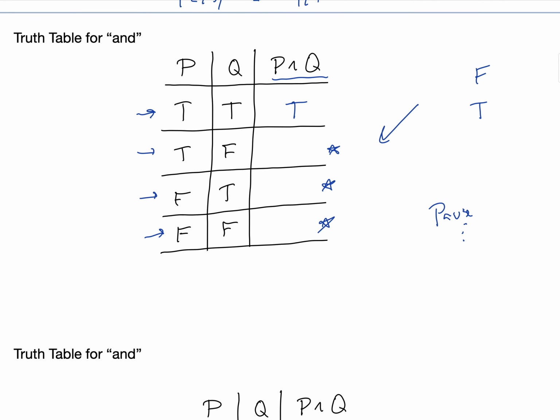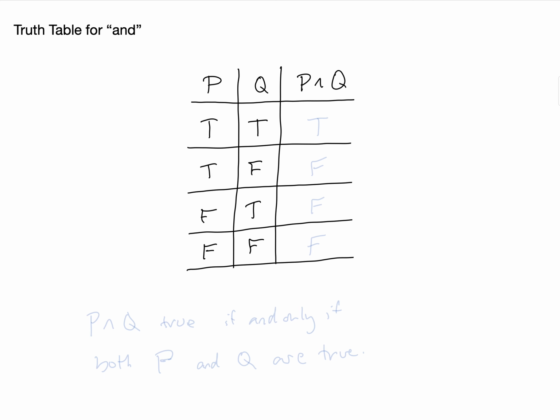So as we saw above, P and Q is true if both pieces of P and Q are true. If P is true and Q is false, then it is not true that both P and Q are true. So this is false. If P is false and Q is true, then same deal. It's not the case that both P and Q are true, so this is false.